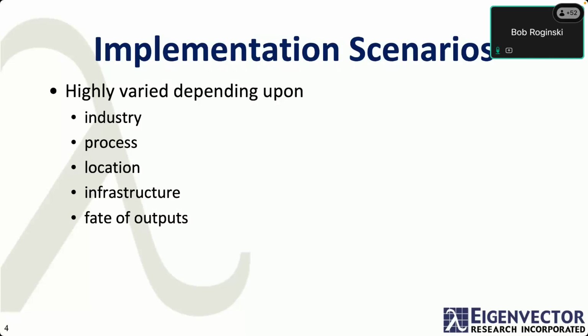If this is an online analyzer and it's producing results continuously, they need to go somewhere. And that's that last bullet point, fate of the outputs. Depending upon how information is gathered and stored at the plant, that's going to have a bearing on how you implement your model application. What kind of communication protocols are there within that plant for the handling of data?